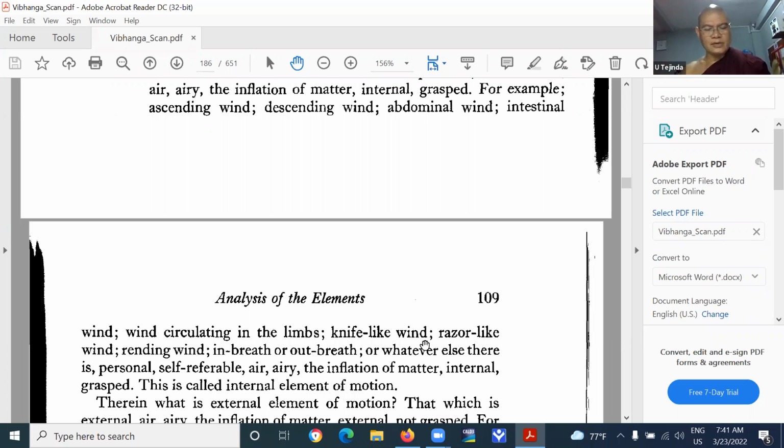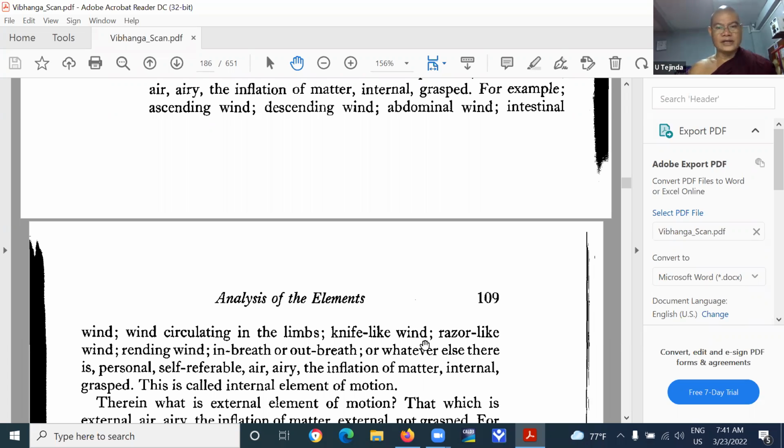So this kind of Satka Wata, like a knife, you see, with this wind in your body you feel very, very painful, just like a knife. So it makes us like a paralytic stroke, this one. So the wind does not go anywhere else.